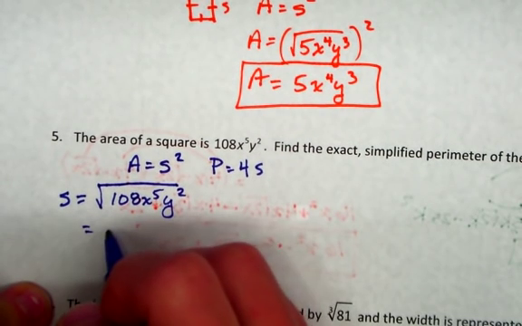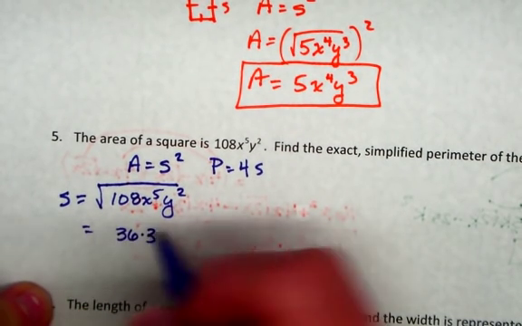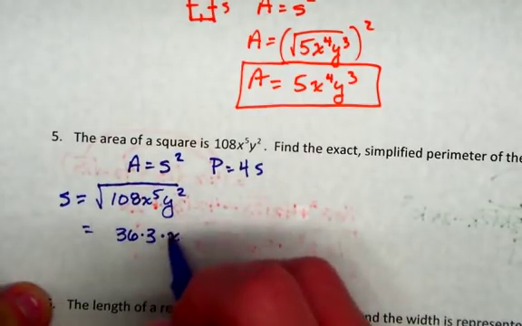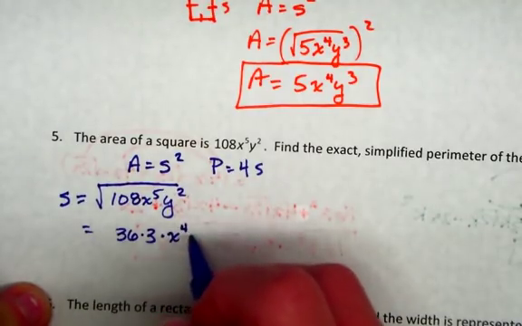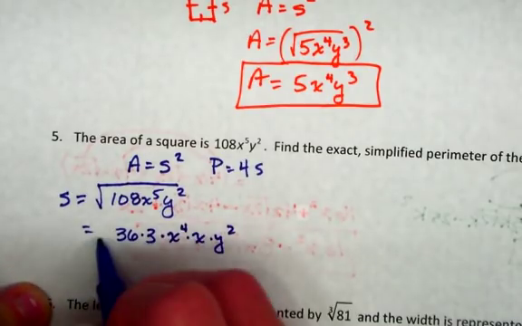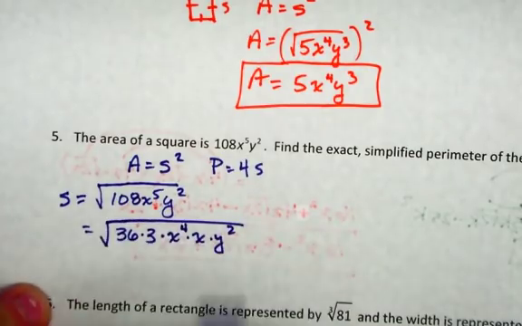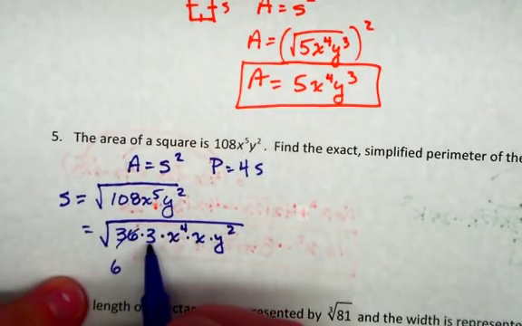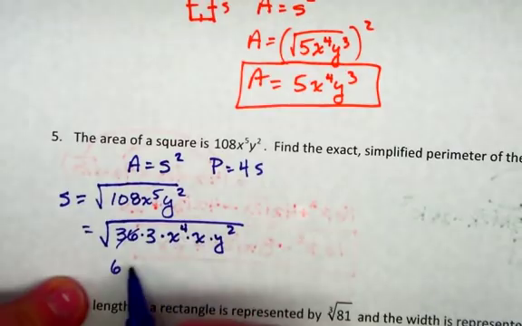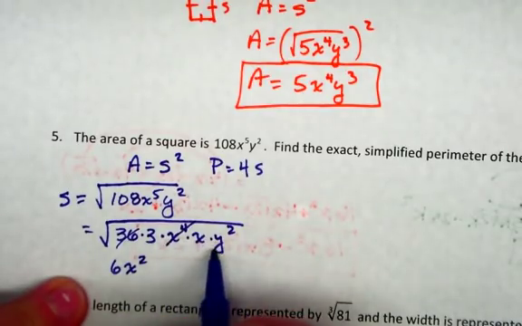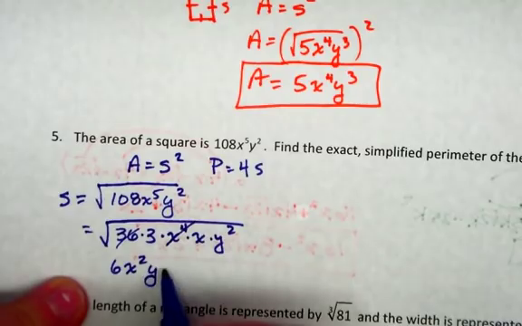So this equals 36 times 3 times, I'm going to rewrite x to the fifth as x to the fourth times x, times y squared. I'm going to take the square root of that. The square root of 36 is 6. 3 I can't change. The square root of x to the fourth is x squared. X can't change. The square root of y squared is y. And then I have 3x left over.